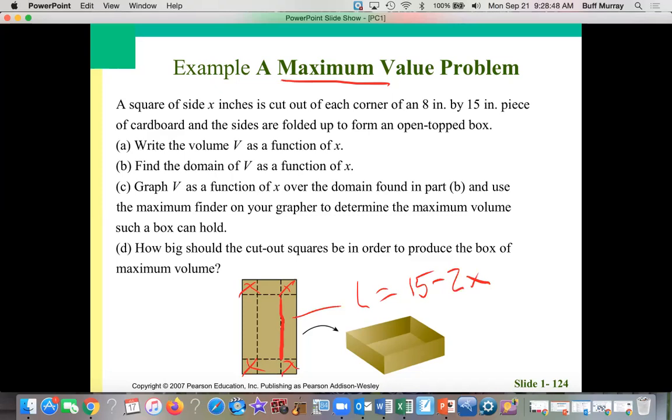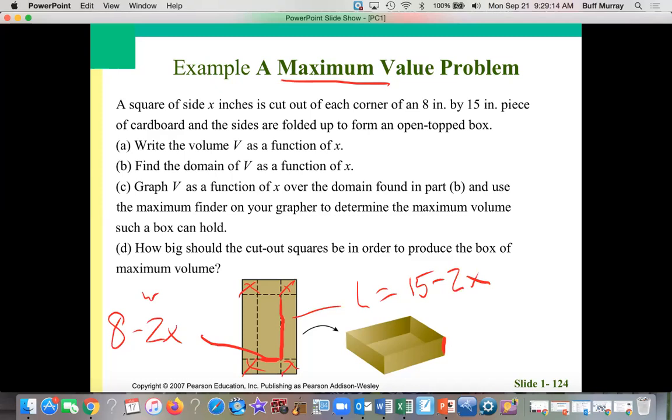Then, similarly, what would this dimension right here be? Using the same idea. This little piece right here. 8 minus 2x, that would be our width. Okay? Yeah, same idea. And what would our height of our box be? That would be right here.